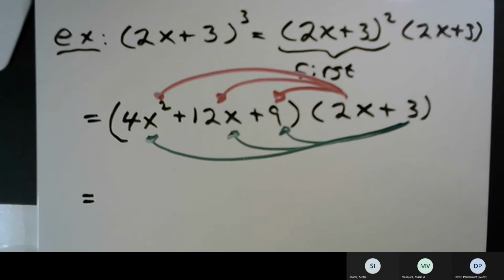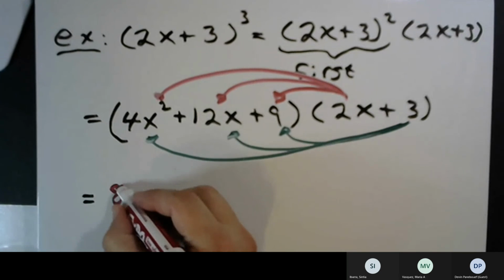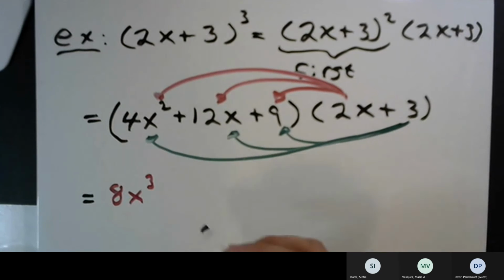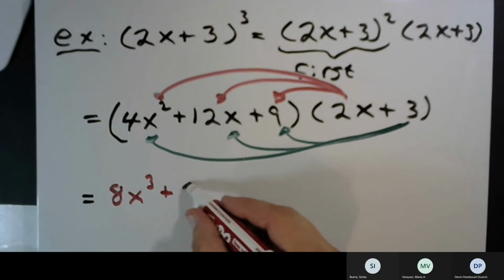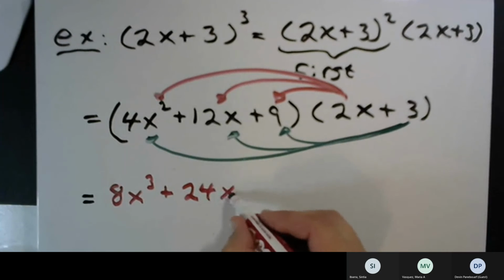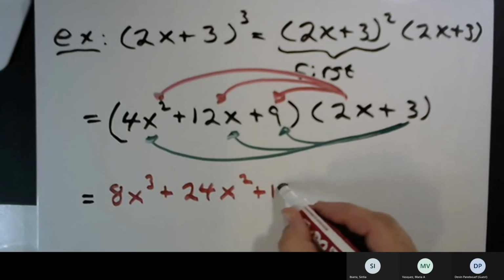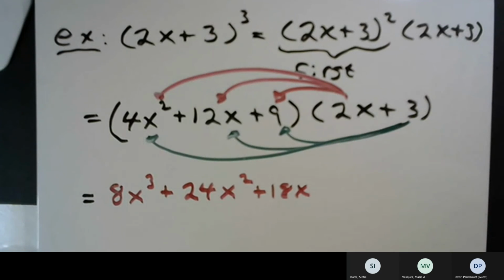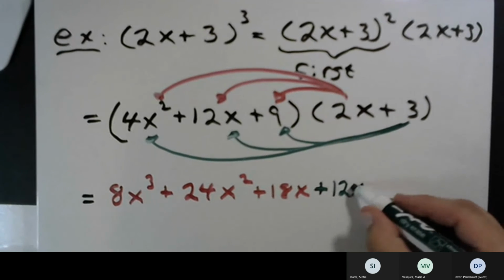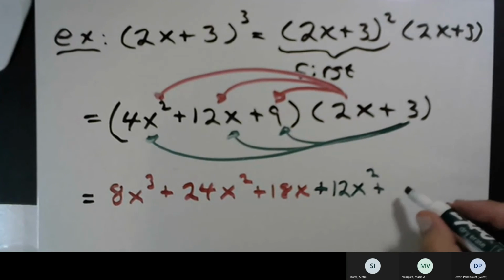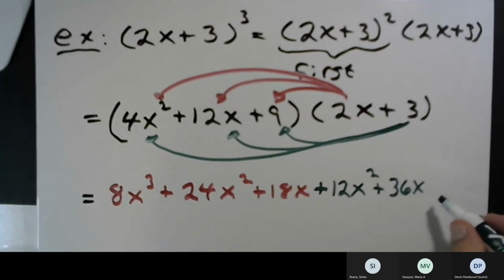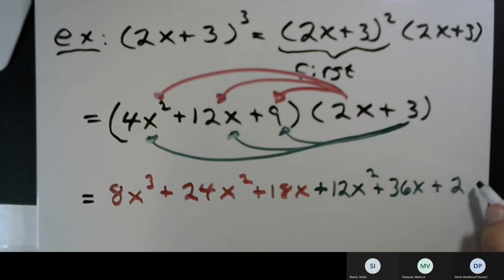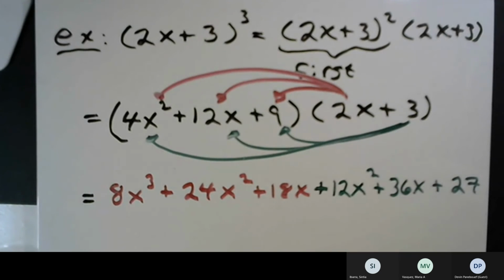And so what that's going to give you is 8x cubed plus 24x squared plus 18x plus 12x squared plus 36x plus 27. So this is an even faster way. It's technically the column method.